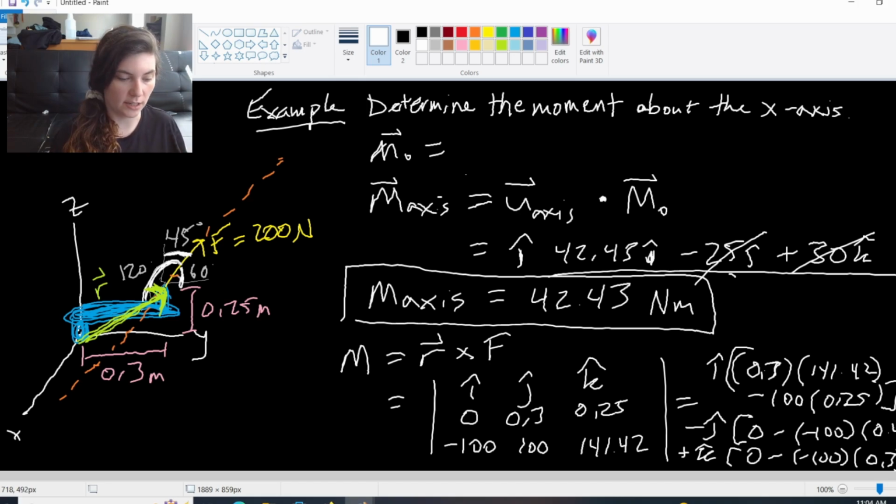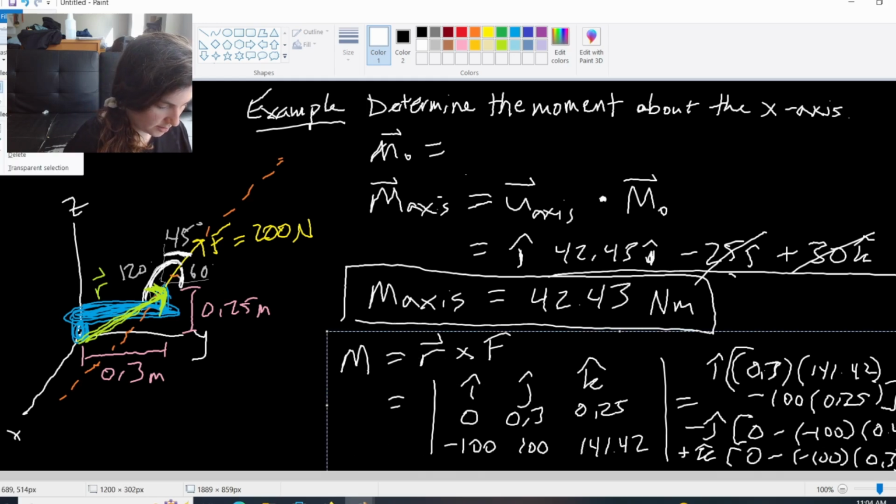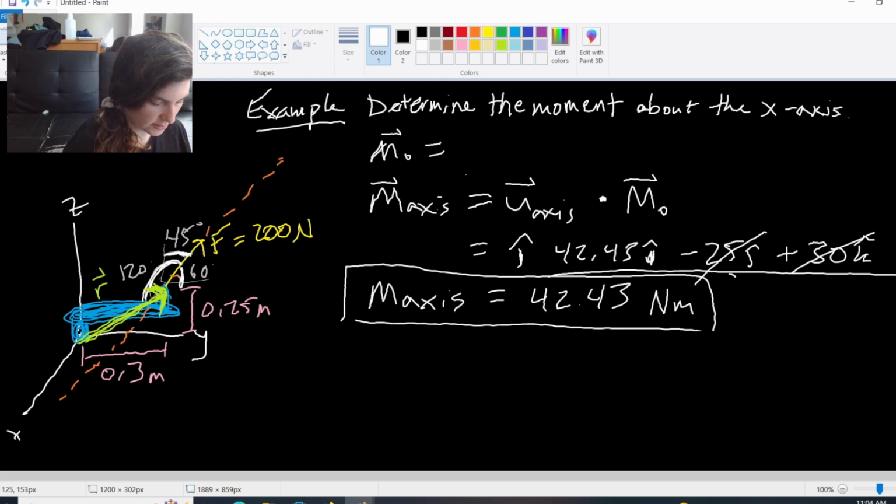That's the magnitude of the moment about the axis. If I wanted to get the moment vector, I would multiply this moment about the axis, this magnitude, times the unit vector.